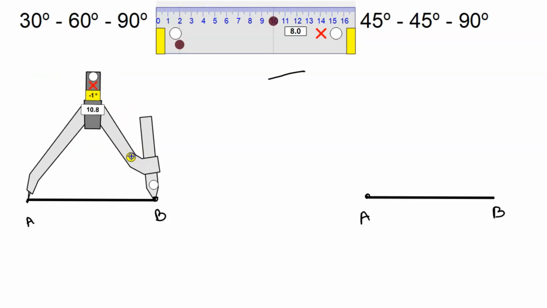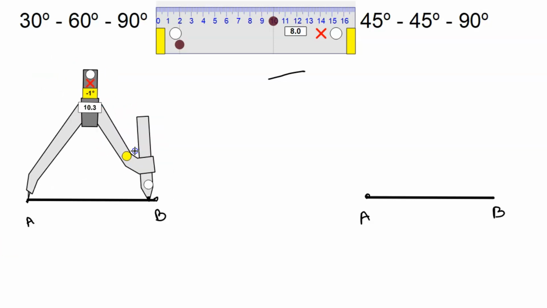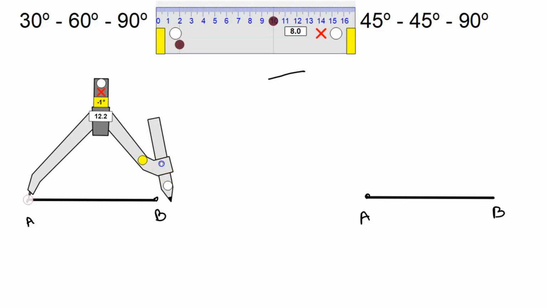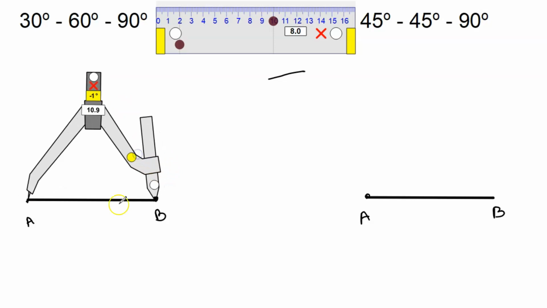And be precise. We want to get the measure of AB, because what we're going to do, possibly, is we are going to create a triangle where point C is up here and side AC, side BC, and side AB are all the same. It's equilateral, right? So I get that measure. You get that measure.